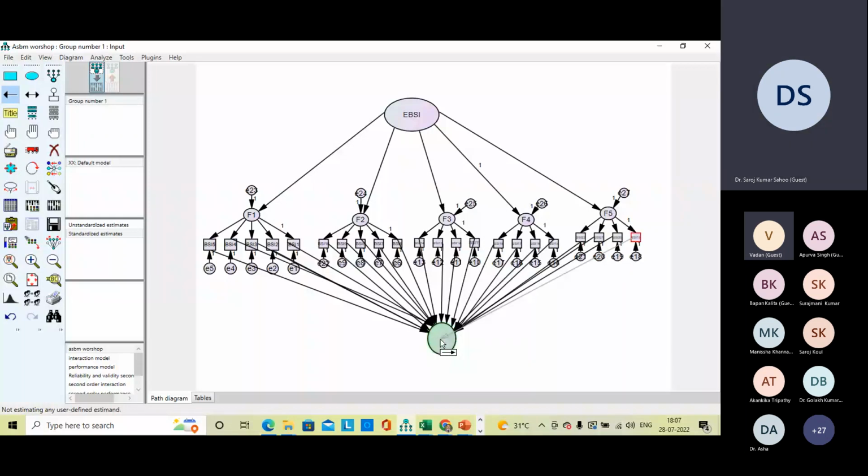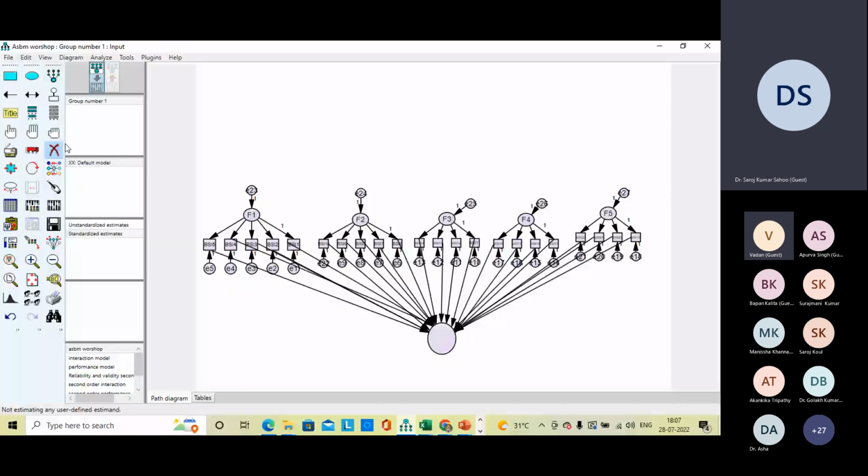Because I am doing CMB, I do not require the second order construct. So let me delete it. Then I will select this in order to covary. If I delete the second order, I need to delete these also.